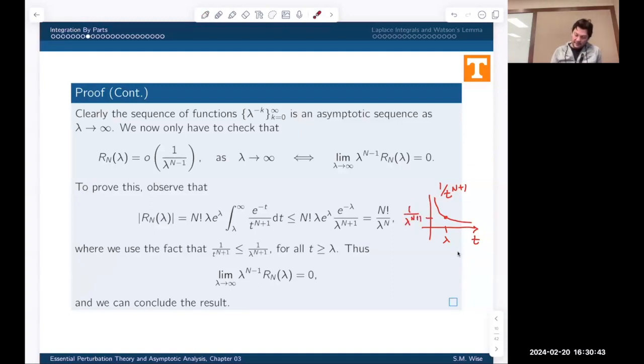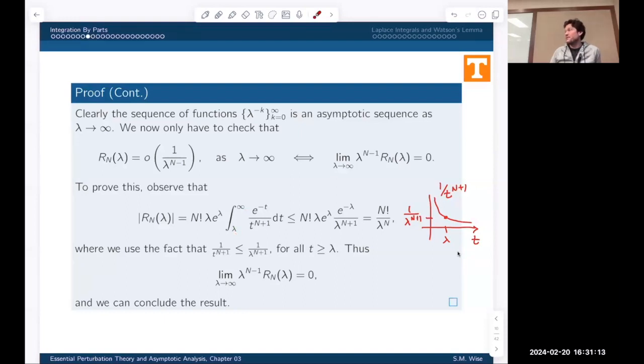So I can remove that from the integral and replace it with something that is bigger. I can take this function here, 1 over t to the n plus 1, and replace it with something which is bigger. What is that something which is bigger? It's 1 over lambda to the n plus 1. What remains is something that can be exactly integrated, e to the minus t, and then I can evaluate at lambda and infinity.